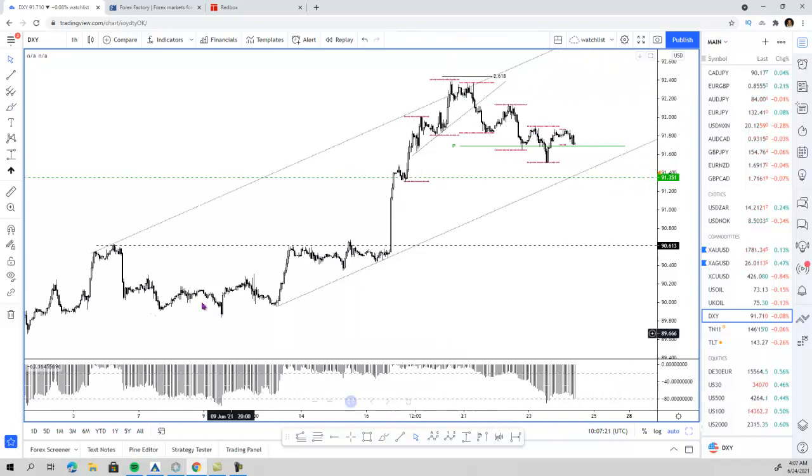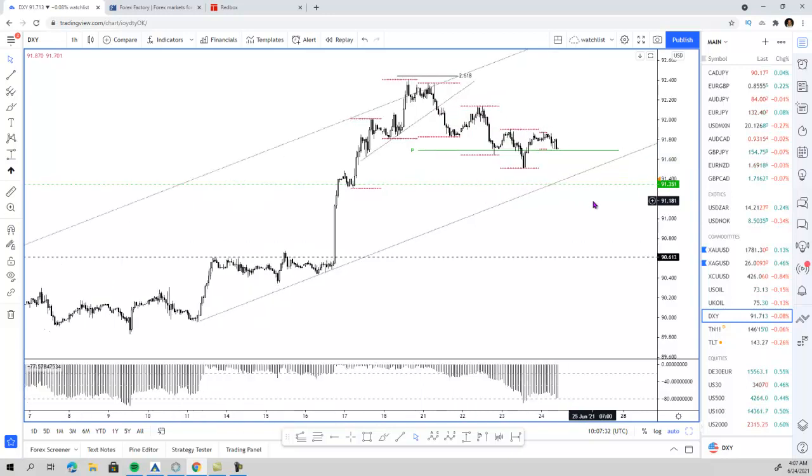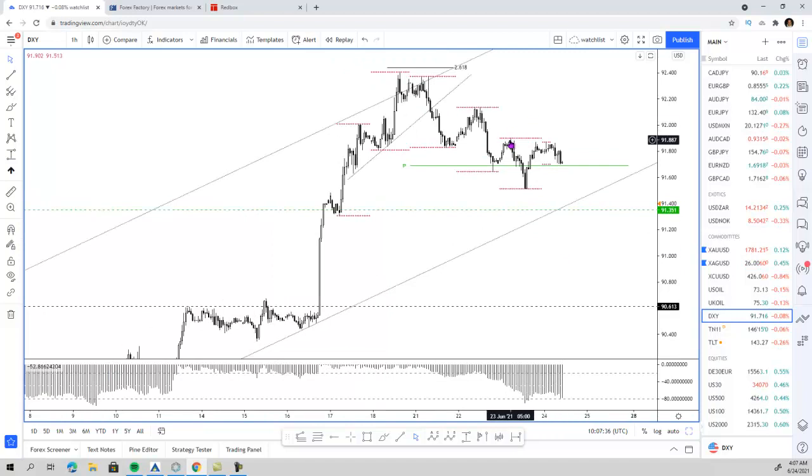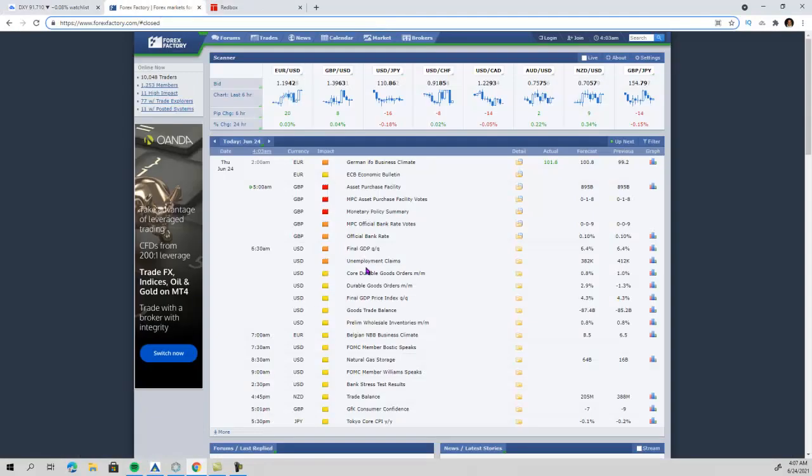And from that breakout to the lows, we saw a minus 0.67% move. On the very short term, yesterday's highs are capping the upside on the USD. Today we have unemployment claims out of the United States, and the final GDP quarter over quarter.